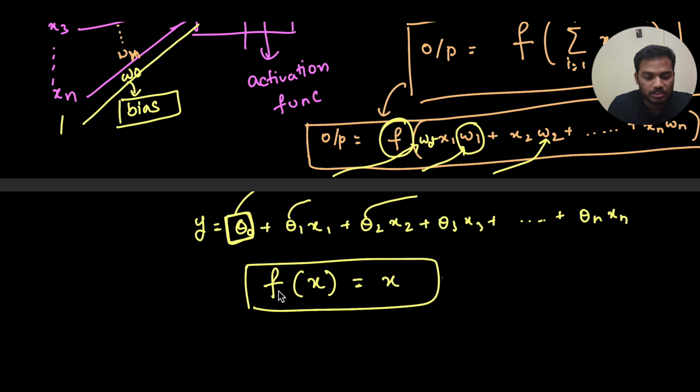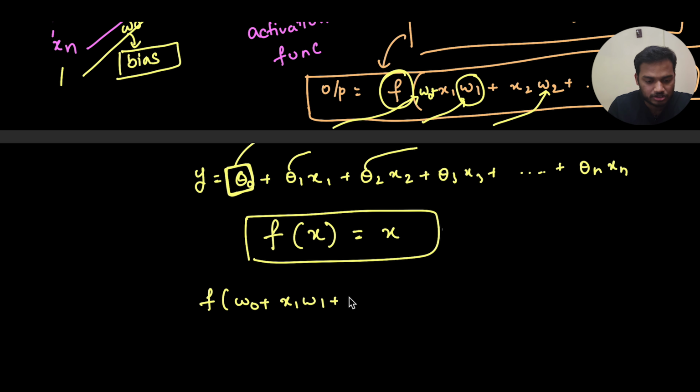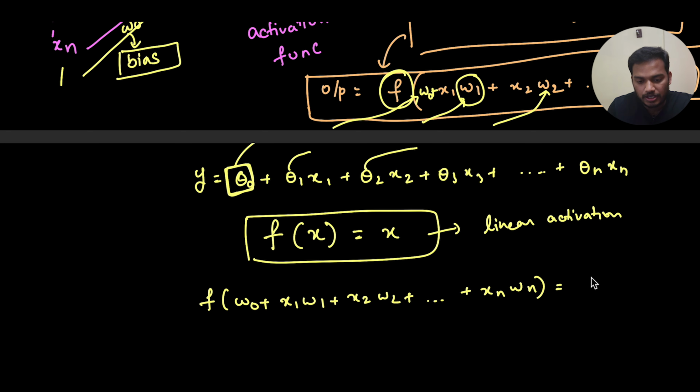Here we are passing this equation, that is f of w naught plus x1 into w1, x2 into w2, and so on, xn into wn. To make it exactly equal to the linear regression hypothesis, we should use this specific linear function. This is also called the linear activation function, and our hypothesis will be the same as the linear regression hypothesis.